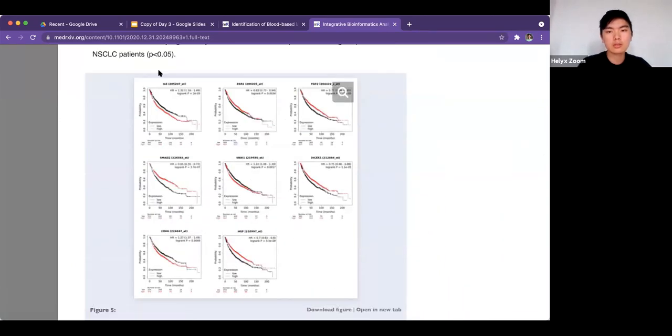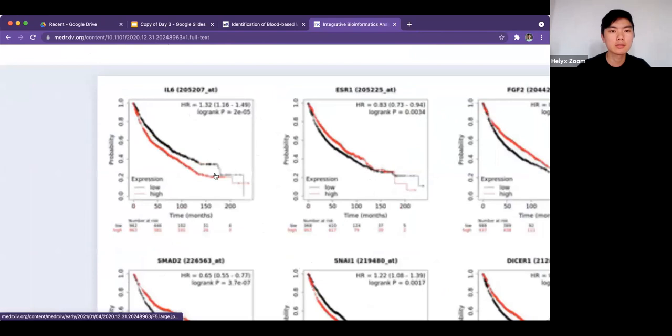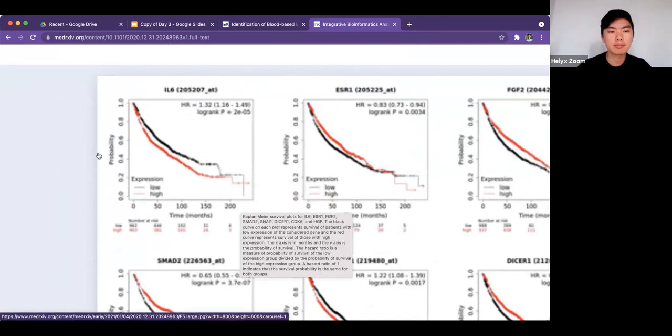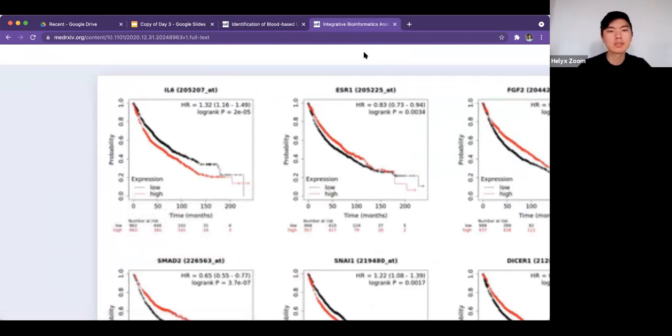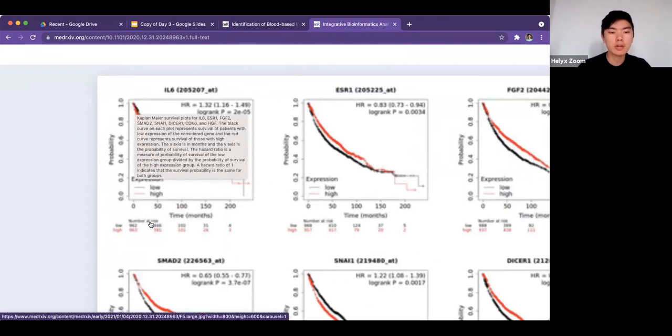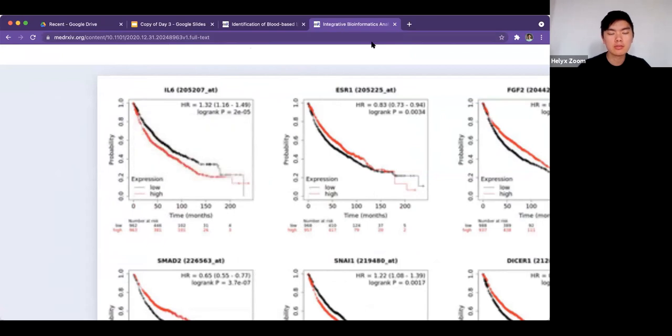And then here's a cool little graph about survival analysis. These are called Kaplan-Meier plots, and they're really popular in the medical field. Essentially, they plot time against probability of survival. As you can see, I had a few genes of interest, and I graphed the survival of people with low expression of the gene versus survival of people with high expression of the gene.